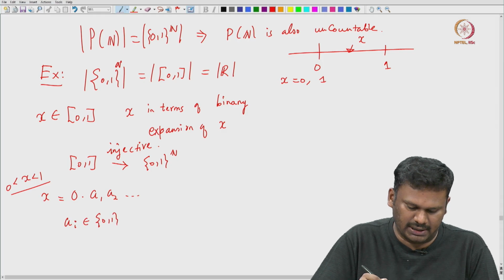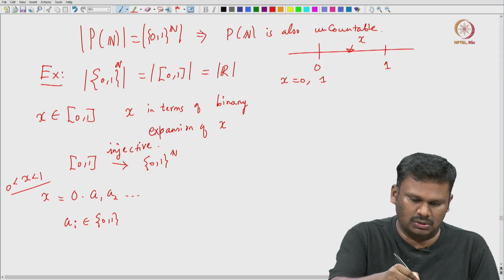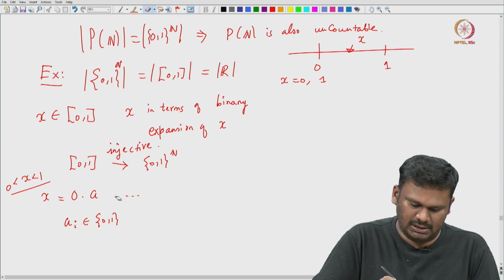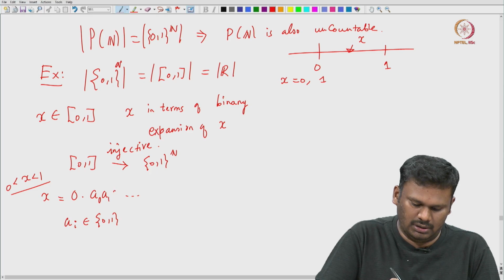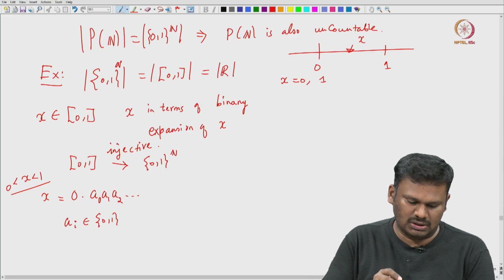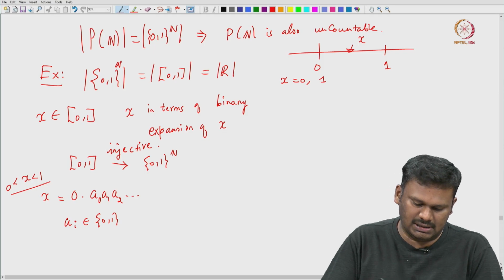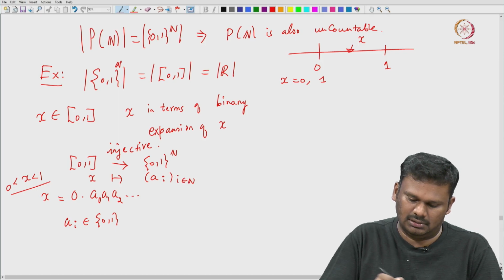Okay. So, one can actually write this sequence as starting from a naught also, there is no issue. So, maybe one can write it as a naught, a 1, a 2 and so on. So, now the map is very clear. So, you take any x and then you send it to this tuple a i, i in N. Okay.